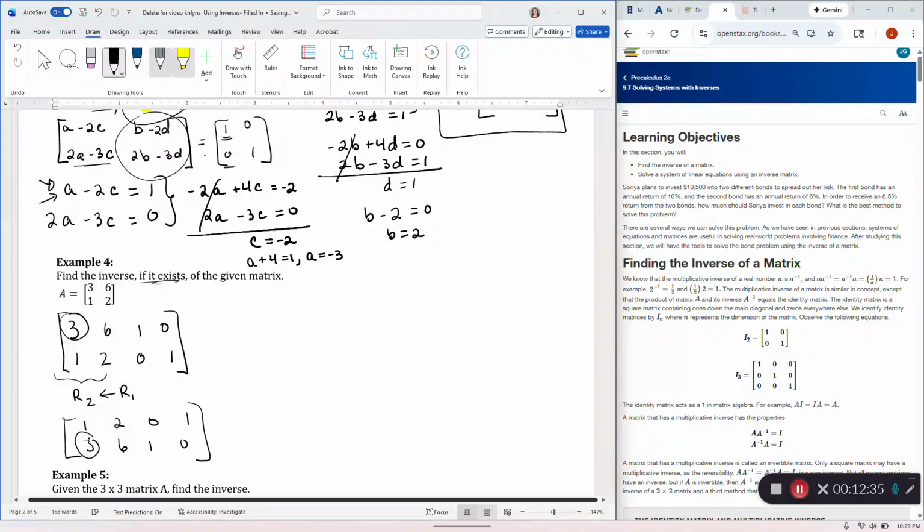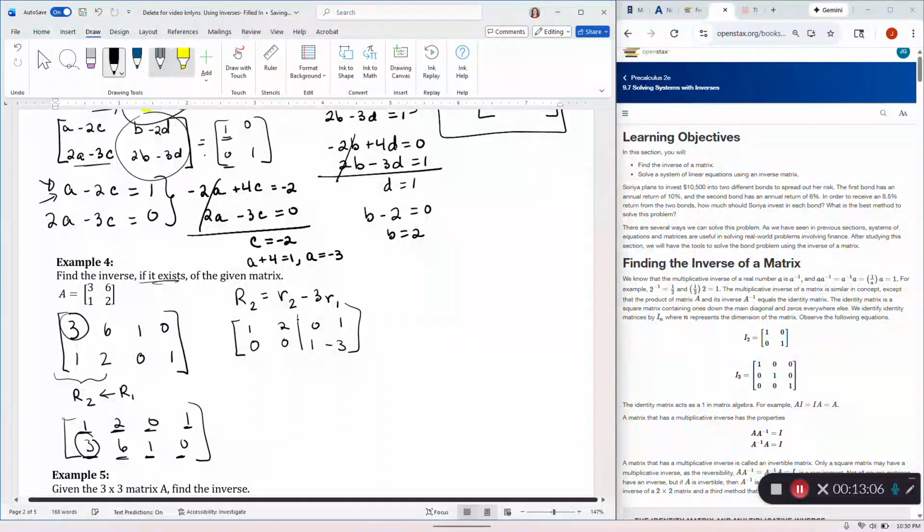Now I need a 0 there where I have the 3. So my new row 2 is going to be row 2 minus 3 row 1. And I like to work vertical. So I'm not changing the first row, but the second row will be 3 minus 3, 6 minus 6, 1 minus 0, and 0 minus 3.